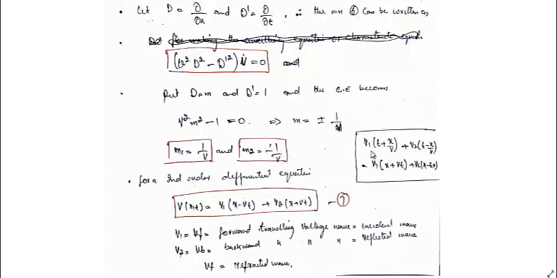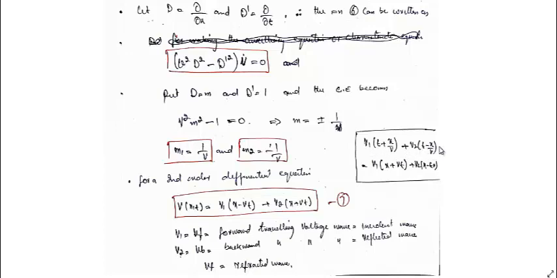Its solution is given as v1 as a function of t plus x by v plus v2 as a function of t minus x by v. This coefficient, that is 1 by v, is multiplied to x, and then I can simplify it to t into v plus x divided by v is equal to t into v minus x divided by v.